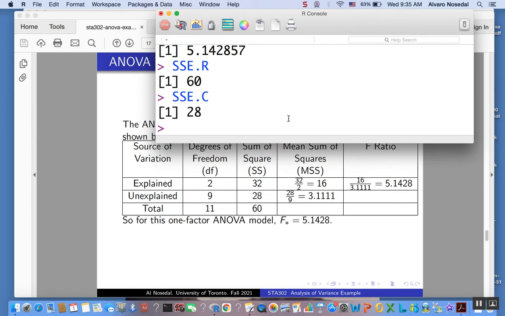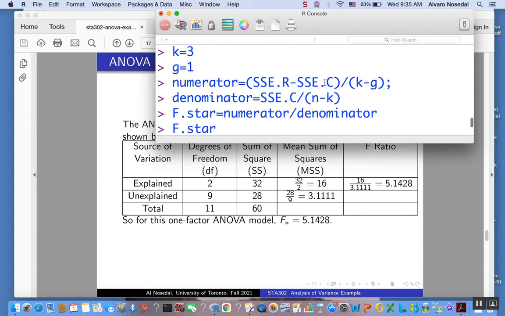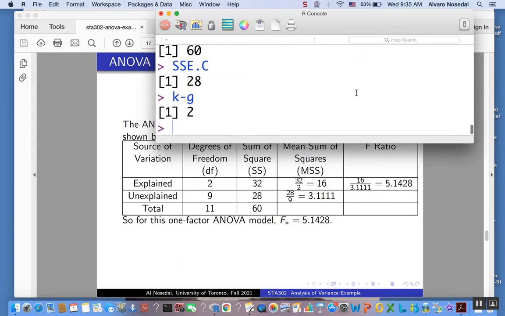Well, k minus g happens to be 2. Now, remember that we used in the denominator n minus k, 9.